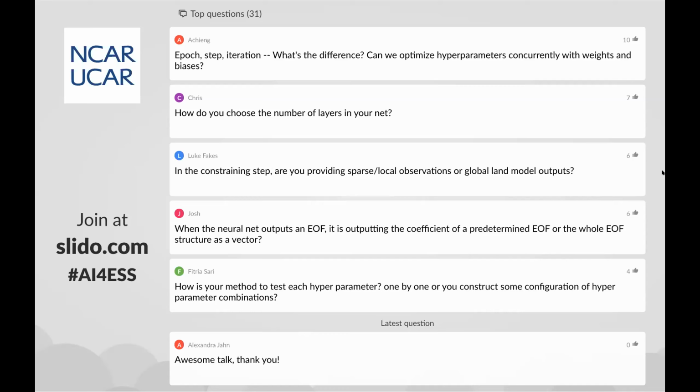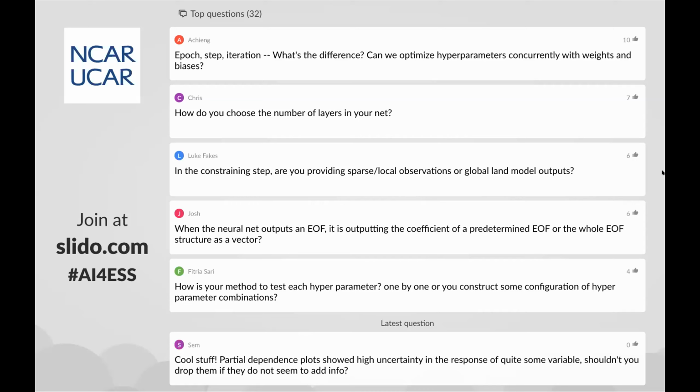Okay, next question from A. Cheng. Epoch, step, iteration, what's the difference? Can we optimize hyperparameters concurrently with weights and biases? Yeah, that's probably true. And this is sort of showing how much I have to learn in this area. I think David Hall alluded to some automated hyperparameter optimization.